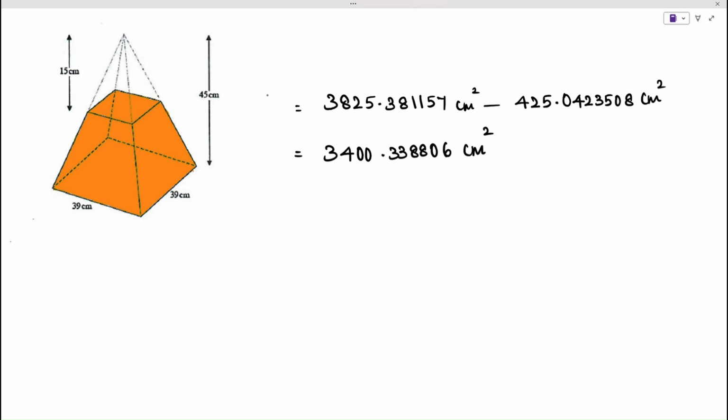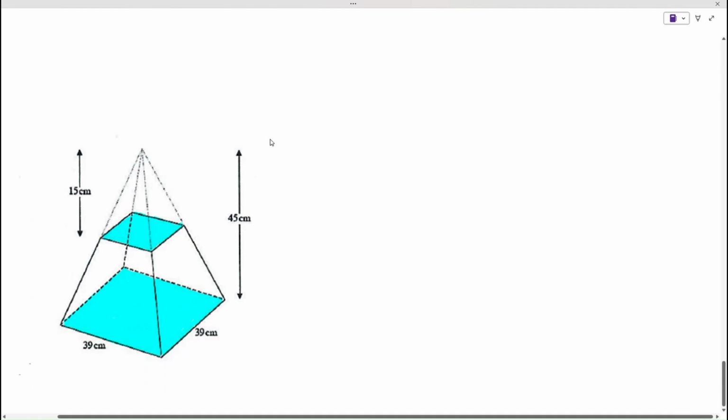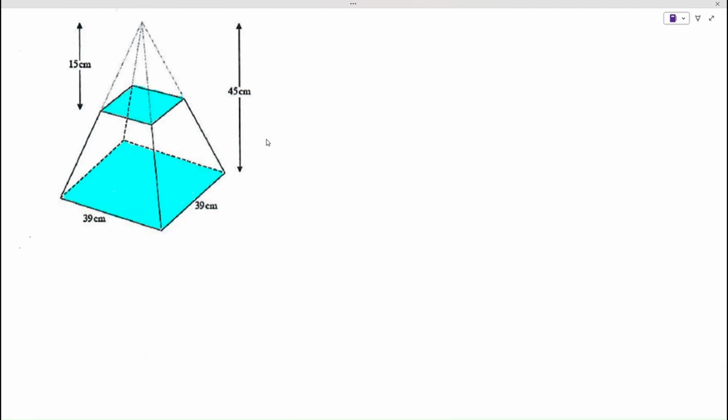Now this is only for the surface area on the outside. The last thing that we have to find is the surface area of our top and the bottom of our frustum.